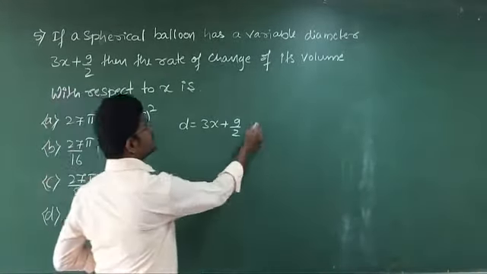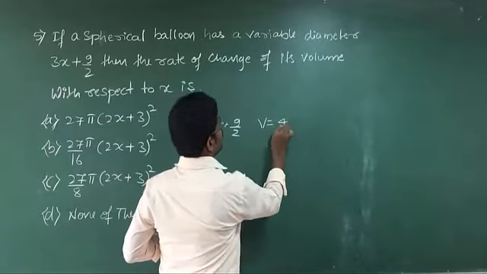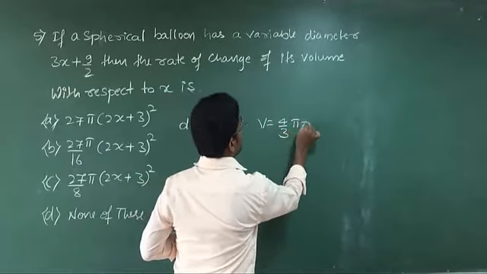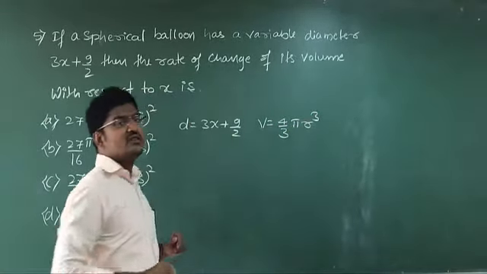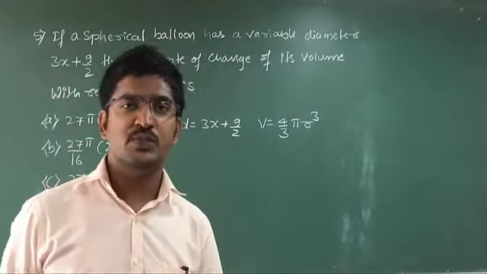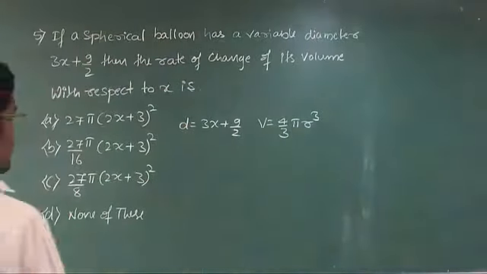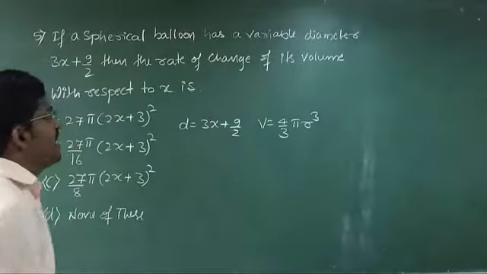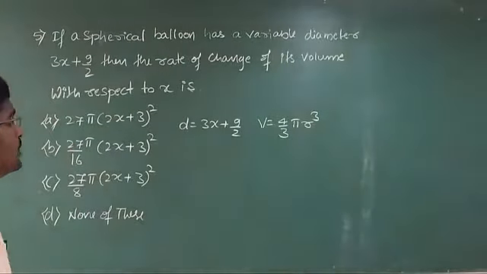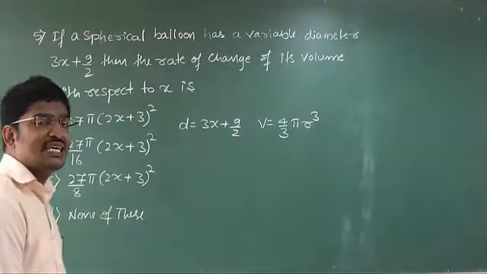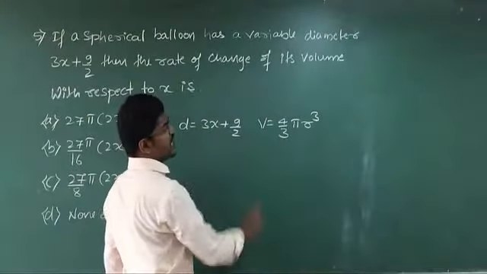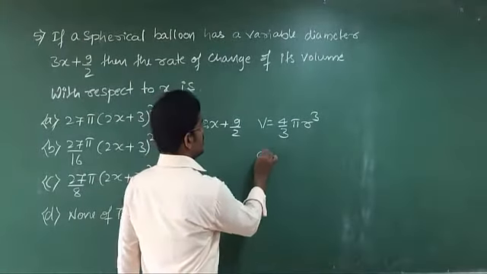What is volume of sphere? V equal to 4 by 3 pi r cube. This is the volume of sphere. That means the rate of change of volume with respect to x you have to calculate. Let us differentiate it with respect to x.